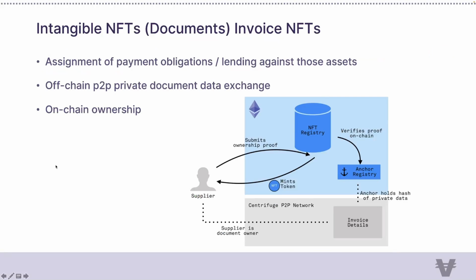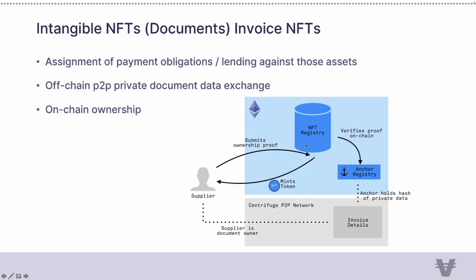Then we have intangible NFTs in the form of invoice NFTs. So, for example, you can have an invoice of a payment obligation, or that you lend money against those assets. And what you can do when you're a supplier of the ownership of whatever financial instrument, you will get a token.